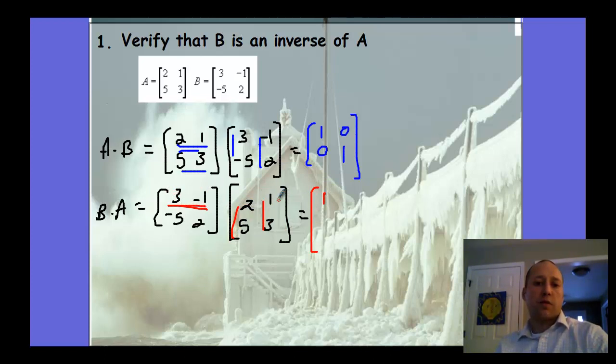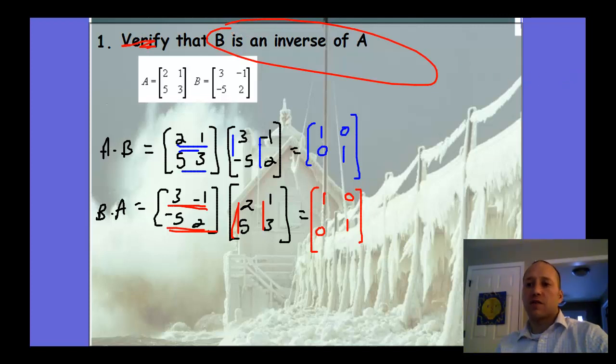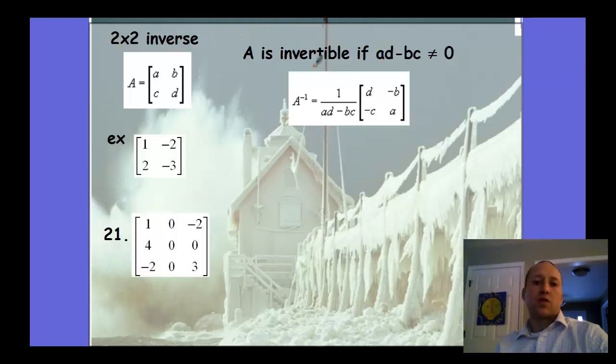Then row times second column, so 3 plus negative 3 is 0. Row times column, negative 10 plus 10 is 0. And then row times column, negative 5 plus 6 is 1. So they both produce the identity matrix, therefore B is an inverse of A. And that's how you verify that these are inverses.